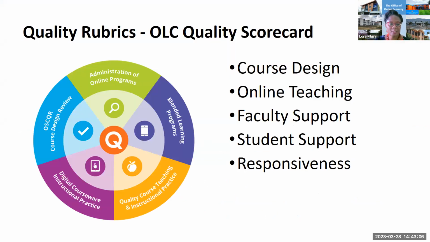And we've been talking a lot about quality in different ways in terms of what you're doing in your courses and how you're designing your programs. Just to let you know that the UE subscribes to the OLC, the Online Learning Consortium's quality scorecard in terms of online and blended learning. They have a variety of different rubrics for all of the areas that you see mentioned here. And again, you can access this through QAU.